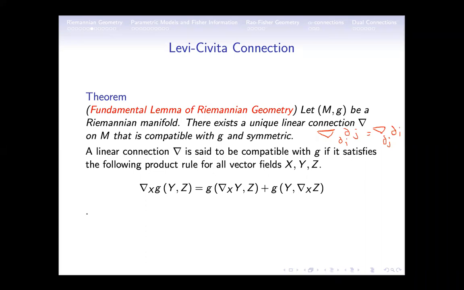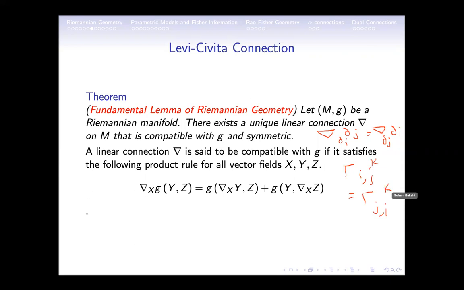We'll see later that these connections can also be defined in terms of Christoffel symbols of the first kind and second kind. The local information of these connections is expressed through the Christoffel symbols. In terms of Christoffel symbols, the symmetry can be written as Gamma_ijk equals Gamma_jik.